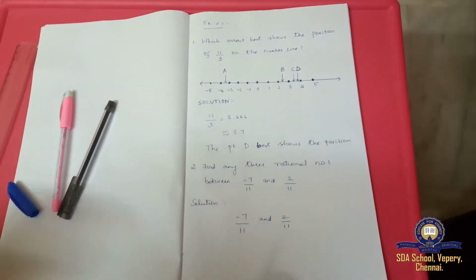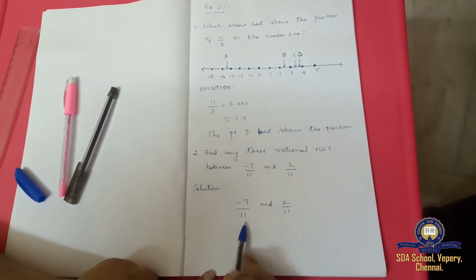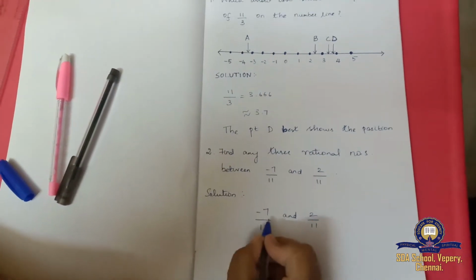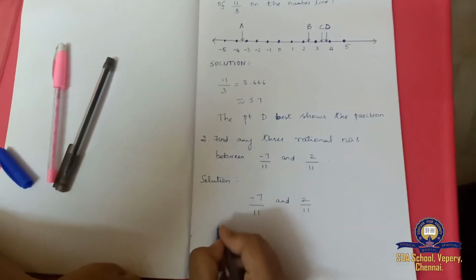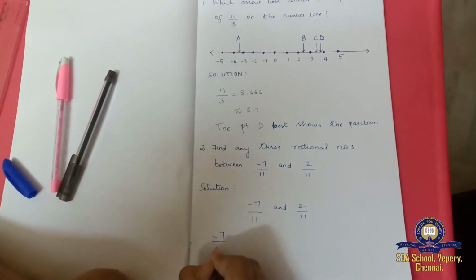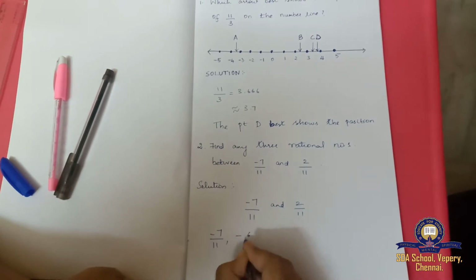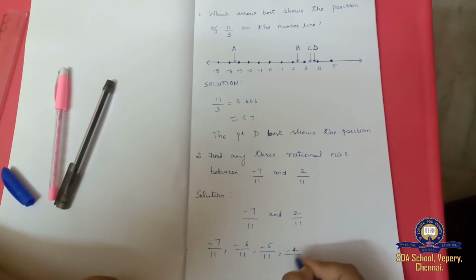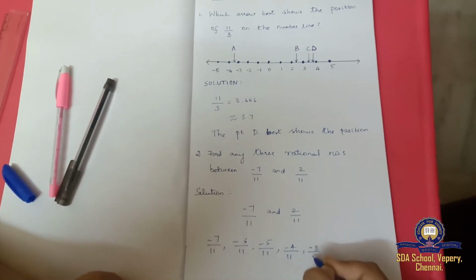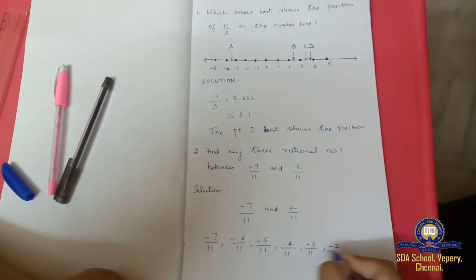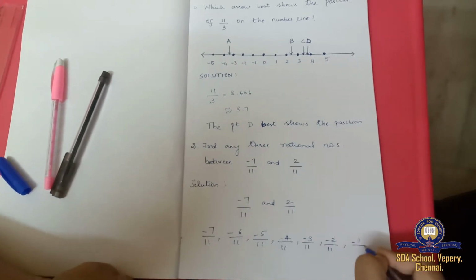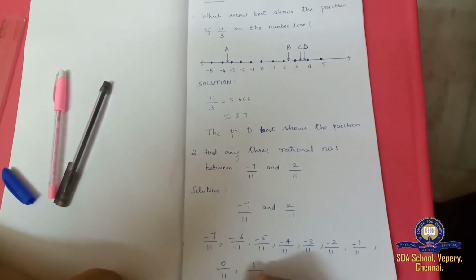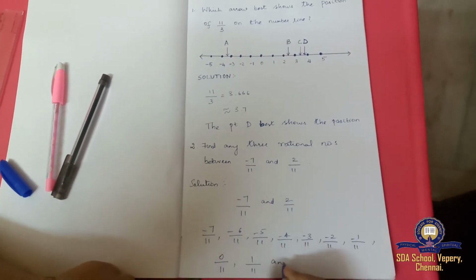If you see carefully, the denominators of both rational numbers are the same, isn't it? You can easily write the rational numbers between them. You can start from -7 by 11, then -6 by 11, -5 by 11, -4 by 11, and it goes on. -3 by 11, -2 by 11, -1 by 11 and 0 by 11, 1 by 11 and 2 by 11.